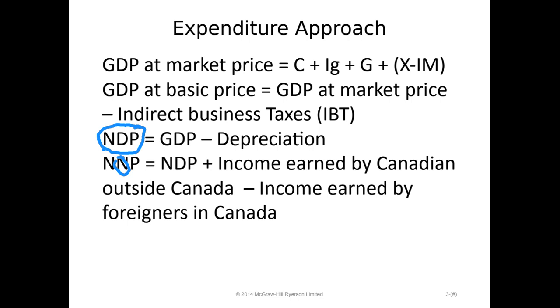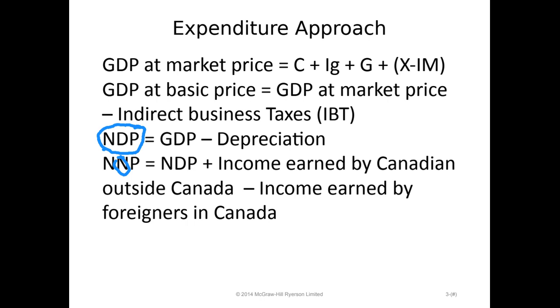Okay, how are we going to make this adjustment? If I want to find the net national product from net domestic product, I will have to add income earned by all Canadians outside Canada, because inside Canada it is already included in NDP.